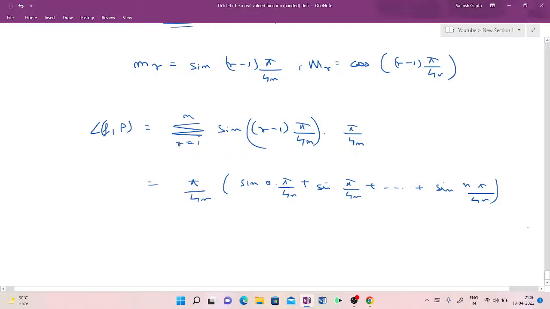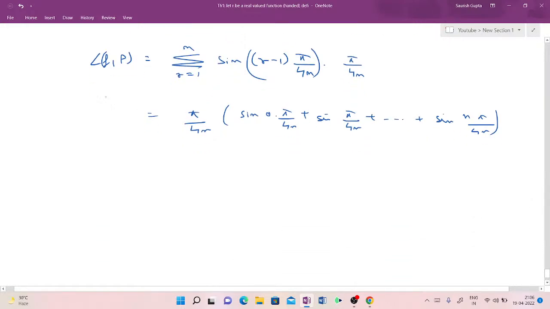Now see this, let me give you an important formula which we will be requiring here. If you have a function of this type, sine a plus sine (a plus d) plus sine (a plus 2d), and we keep going till we have n terms, then the formula of this summation comes out like this.